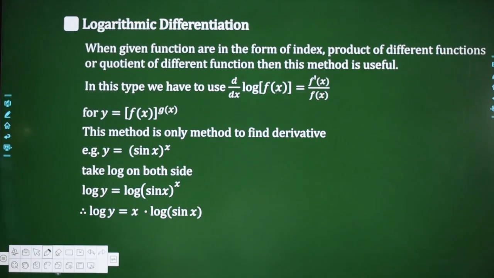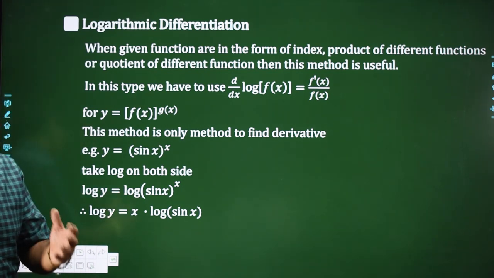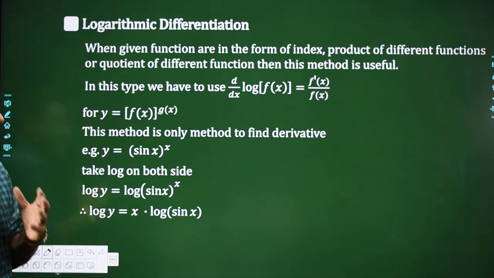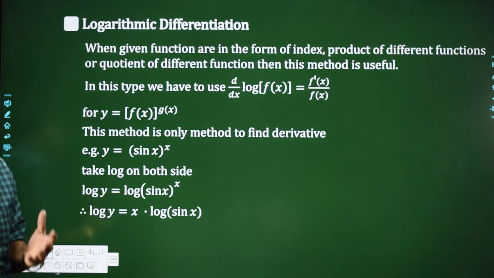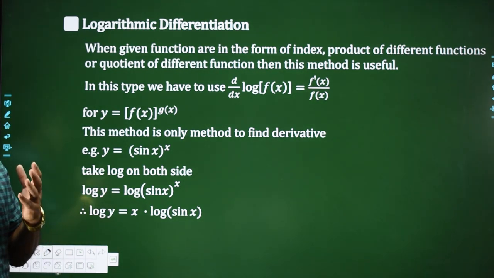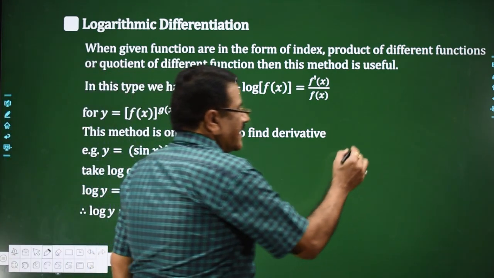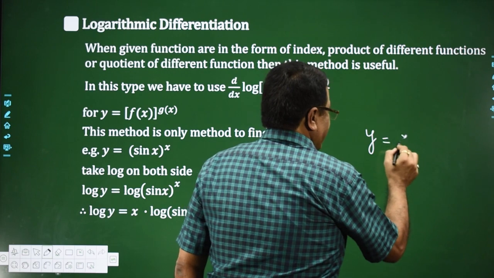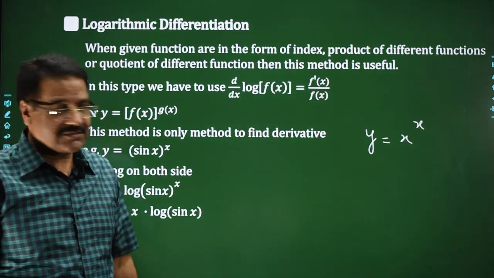Okay. One more important topic, logarithmic differentiation. You must know, we take the log whenever the terms are in the form of an index, product, or quotient of different functions. So, whenever there is an index form, for example x raised to x, it is an index form of two variables.